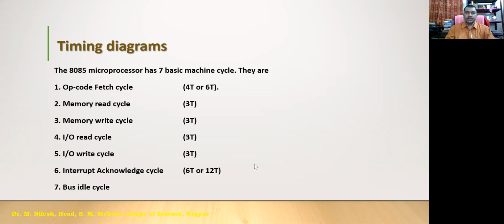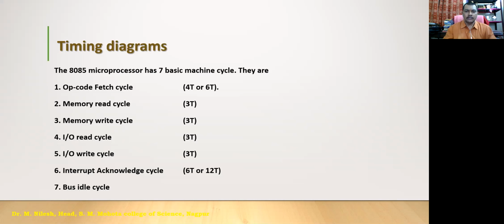Interrupt acknowledge: whenever there is an interrupt from other peripheral devices, the 8085 is supposed to give the acknowledgement that the microprocessor has received the interrupt call. That requires from 6 clock pulses to say 12 T pulses. And bus idle cycles. So these are some of the cycles that are required by this 8085.